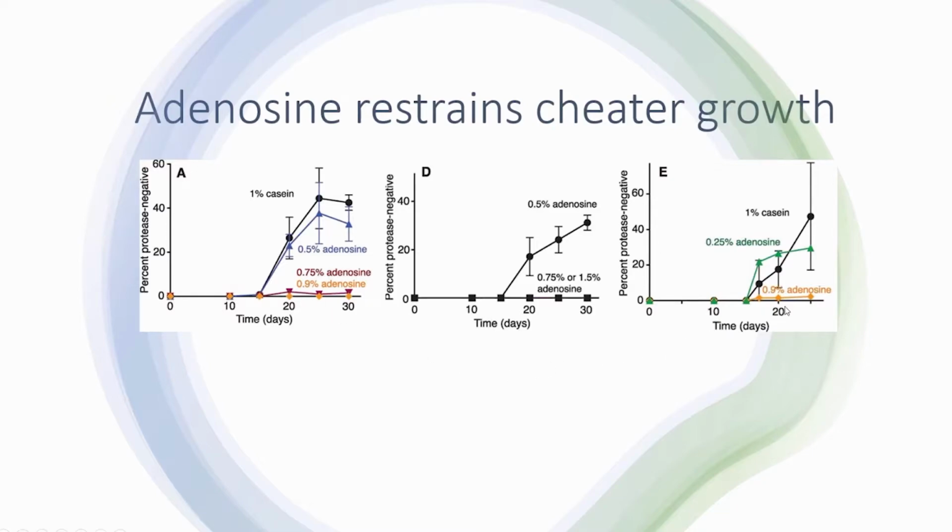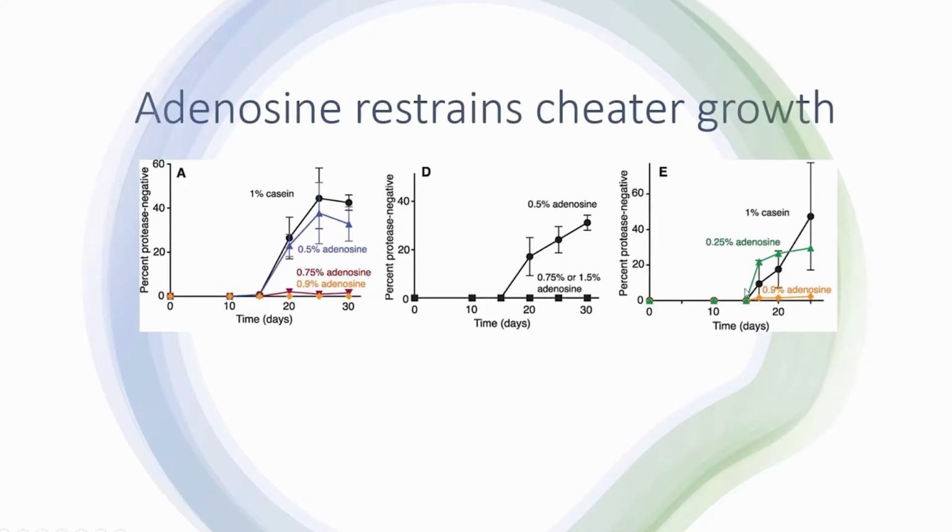Same with graph E, we see that at 0.9% adenosine, it's pretty much at zero. But when we go to 0.5% adenosine or below, at 0.25% adenosine, we see that there's actually a pretty substantial amount of social cheating going on. In case A, it's pretty similar to when it's just casein.